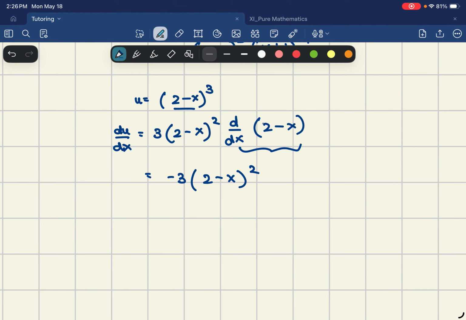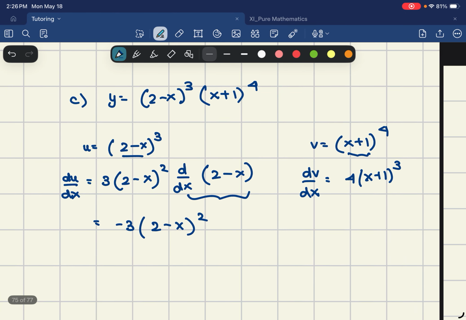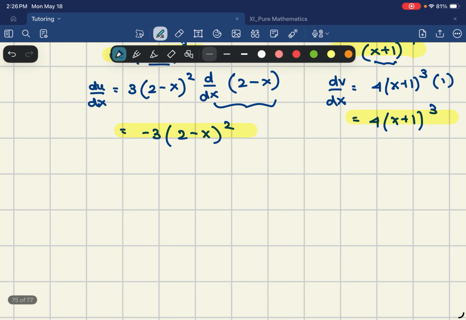You're going to get a negative 1 from here. And v is x plus 1 to the power 4, dv by dx is equal to 4 times x plus 1 cubed, but then you have to differentiate x plus 1, but when you do so, you're just going to get positive 1. So the product rule says dy by dx is u dv by dx plus v du by dx.